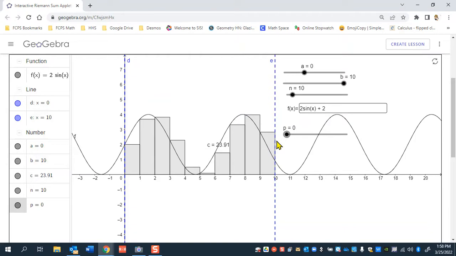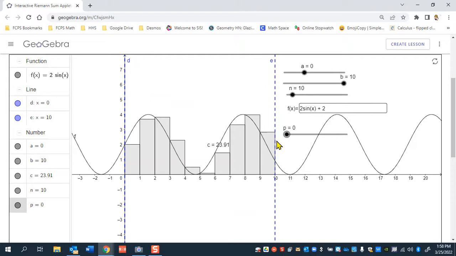So here's the deal. I'm going to look at this rectangle here, and I'm going to say this rectangle is hitting my curve right here. If I were to figure out this area under the curve, I would calculate this area and add it to this area, and so on and so on. Everybody okay with that?